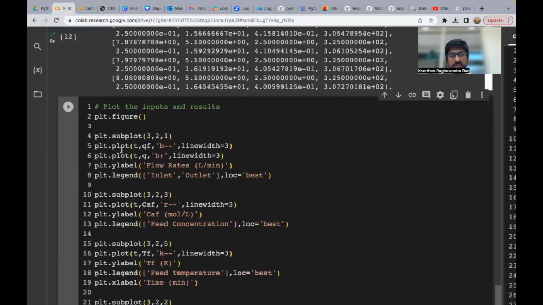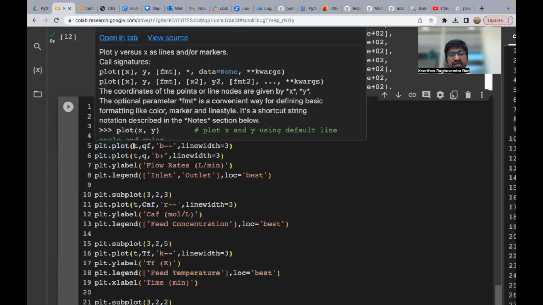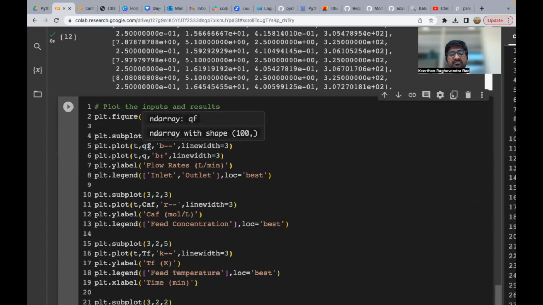So there's plt.plot twice. So one we're doing time versus feed volumetric flow rate, and then time versus the output volumetric flow rate. And line width is an option within the plot function that will set the width of the line. So you can change this if you want. I will reduce this.